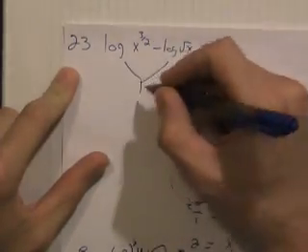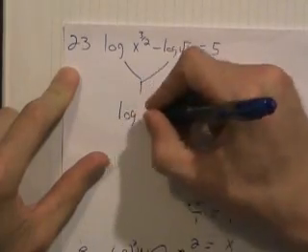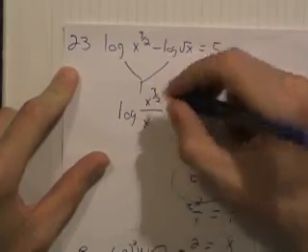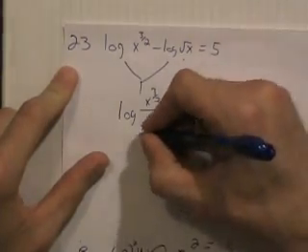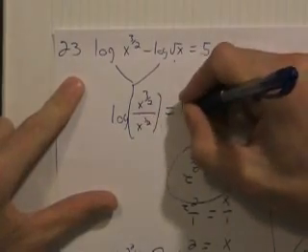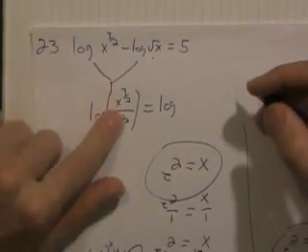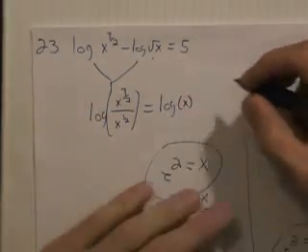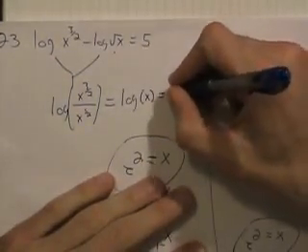So you condense these into 1, and that will be log of x to the 3/2 divided by x to the 1/2, since radical x is x to the 1/2. Now if you do the subtraction, 3/2 minus 1/2 is 2/2, or just 1, so that's just log x equals 5.